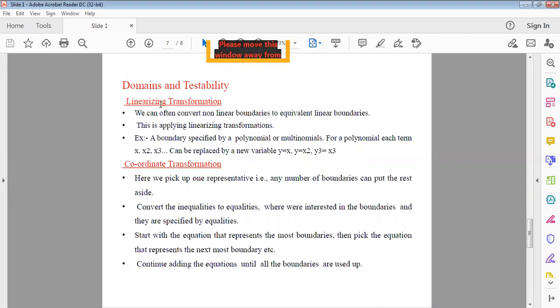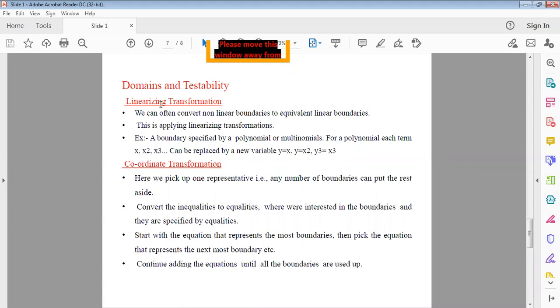Based on this predicate, the representation is done and the domain range will be executed. If it does not follow that linear form, then it is called non-linear. The ugly can be turned into the nice. That transformation is called the linearizing transformation.